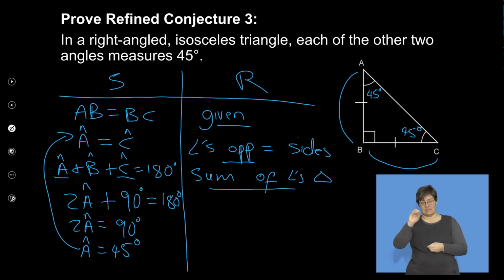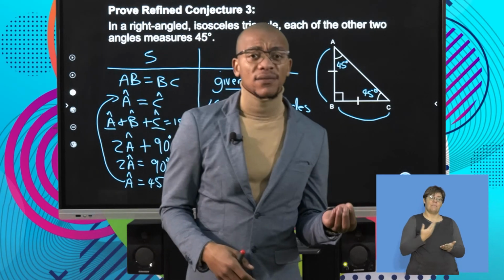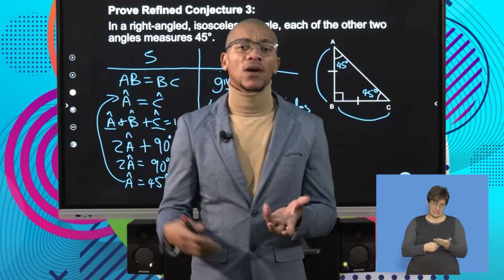And then going down is just my basic algebra of trying to find what the value of A is, which will then eventually give me the value of C as well. So that's what we mean when we say apply deductive reasoning to try and prove your conjecture.